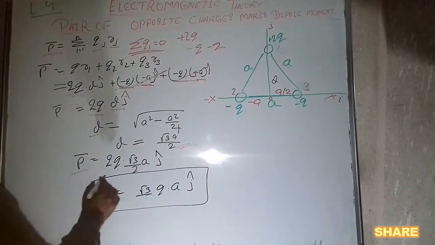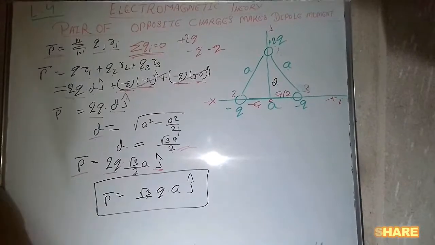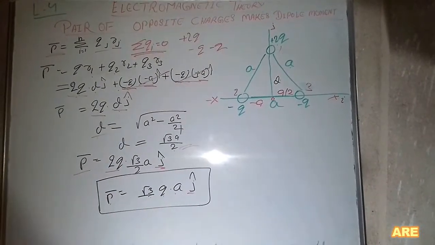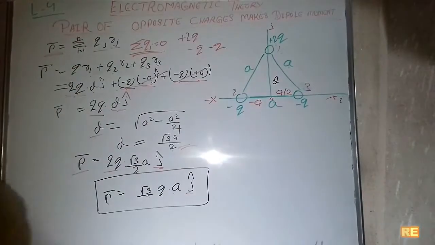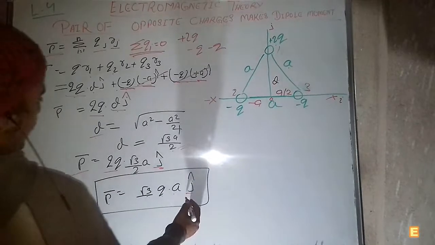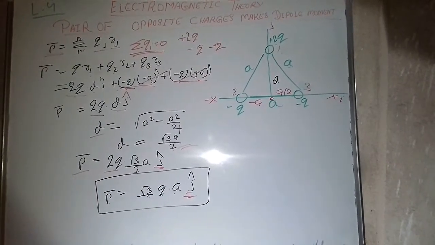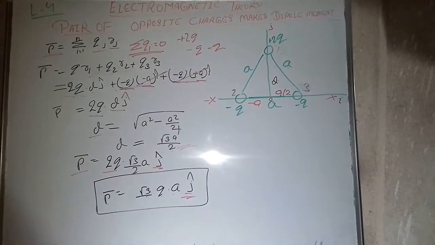So p equals 2q root 3 by 2 a j unit vector. It means p equals root 3 q a j. j is the vertical axis, so it will act toward j. This is the dipole moment of 3 charges.